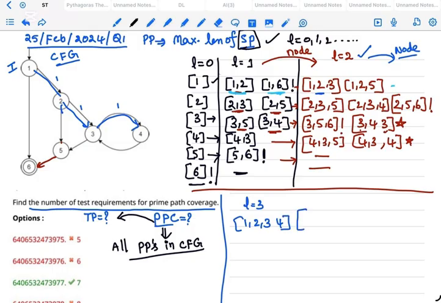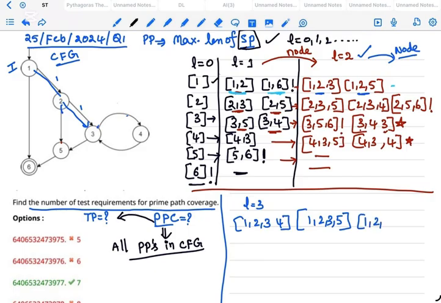Next, 1 2 3 5 is also possible, right? So 1 2 3 and 5 is also possible. For 1 2 3, only 3 4 and 3 5 are possible, no others. So this is completed.